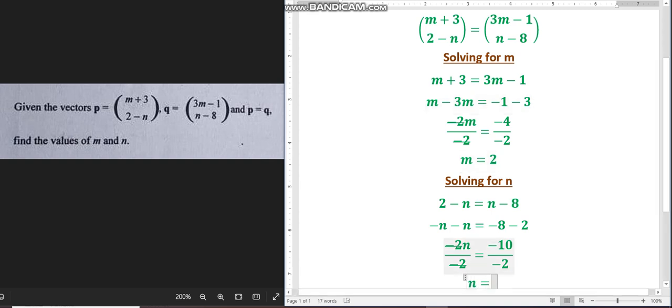As we can see, the negative on the right hand side will also cancel the negative at the denominator, leaving us with 10/2. 10/2 will give us 5. This implies that the values of m and n are 2 and 5 respectively. Or in other words, m is equal to 2, n is equal to 5.